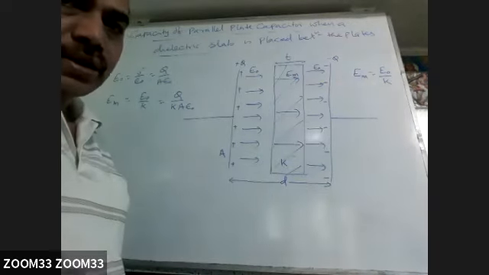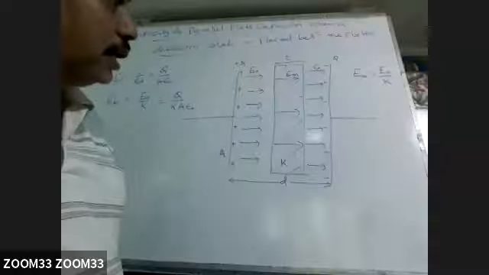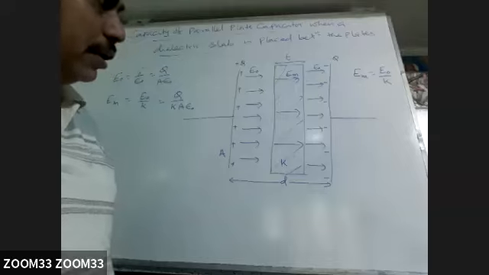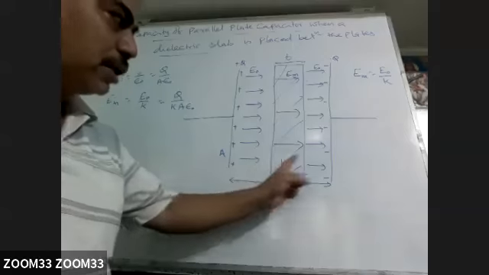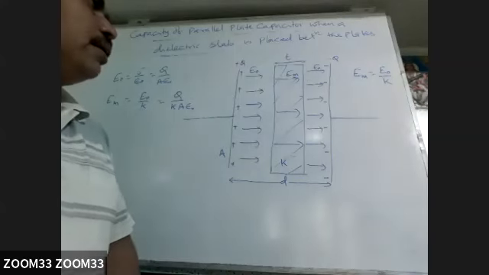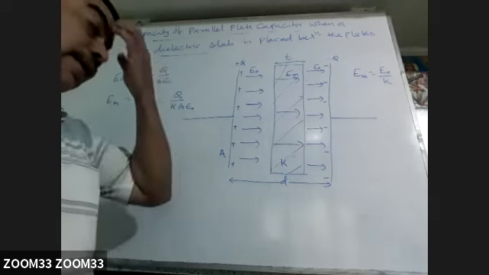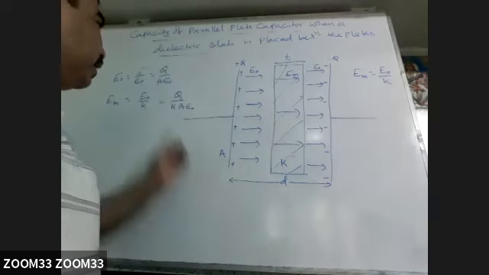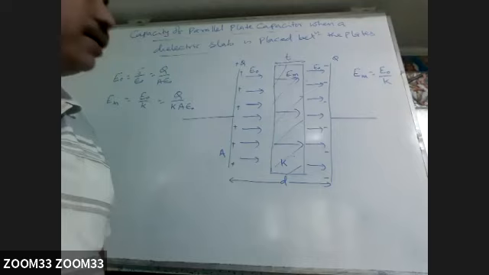Inside the dielectric, it is the net electric field, not the induced one. The induced electric field will be opposite. Net electric field inside the slab will be EM, and that is given by E naught over K.